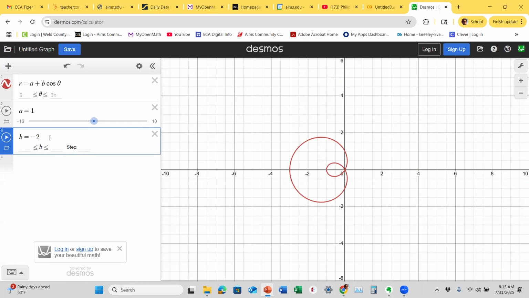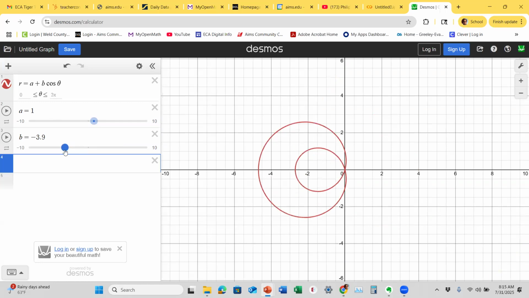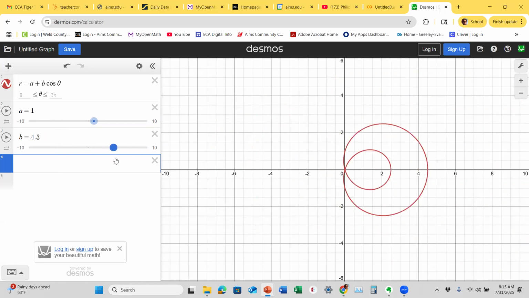So we've made the coefficient on cosine of theta negative, and so it's switched to the other side here. So kind of a cool set of shapes here. Notice if I make B go to 0, then it just becomes r equals some constant, which is just a circle.